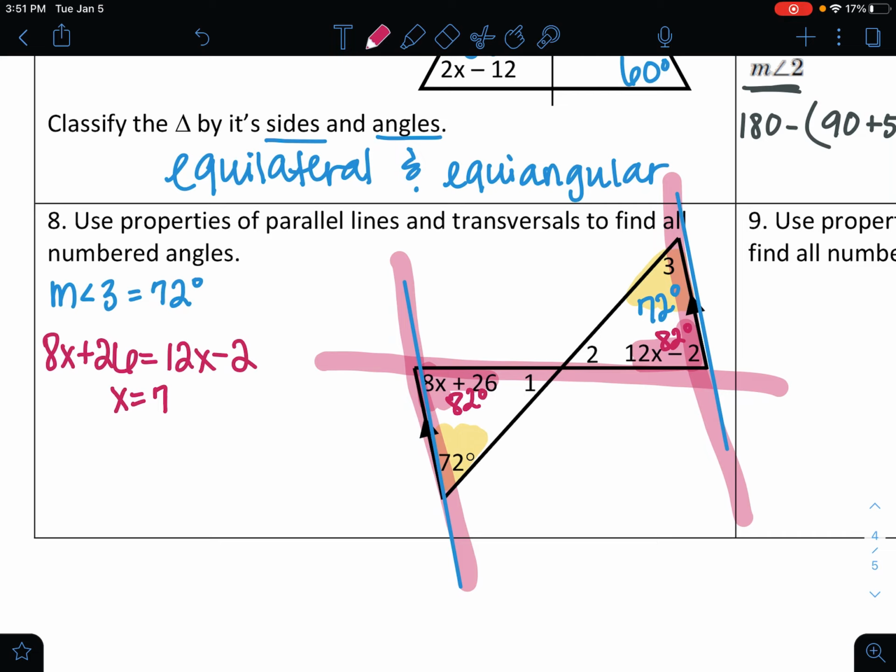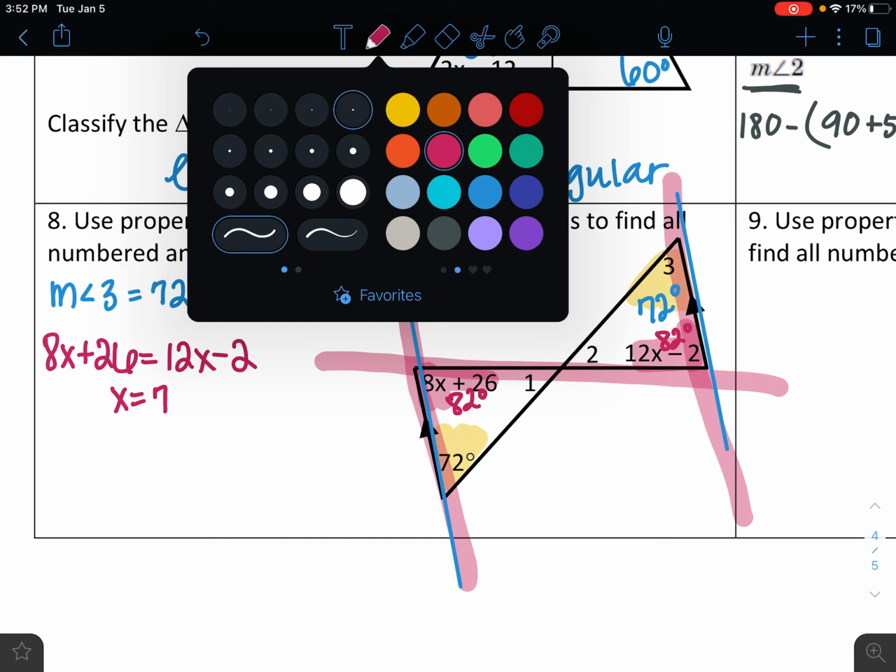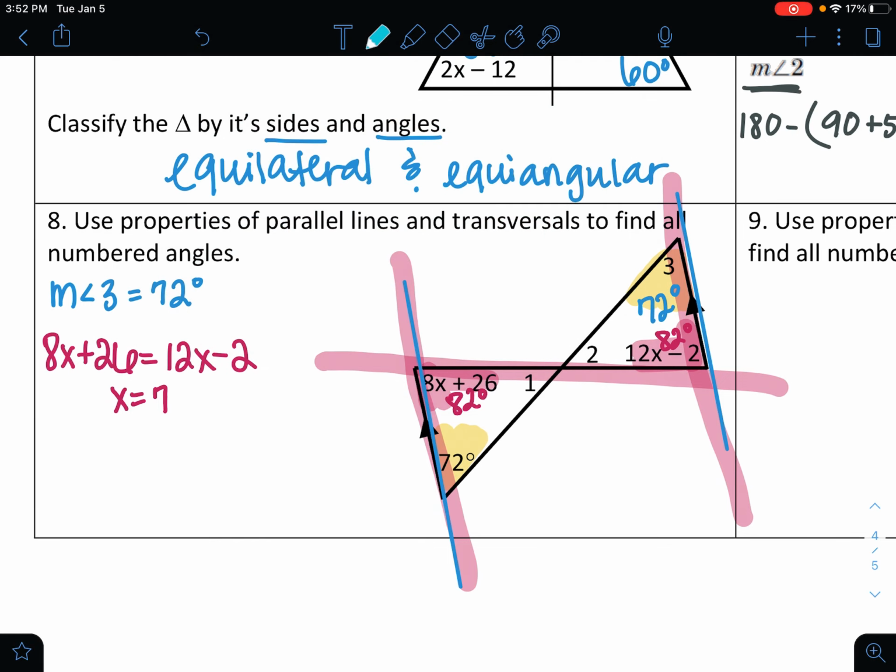Okay, so at this point you can use the triangle sum theorem, you can use exterior angle theorem if you really wanted to. I'm going to go ahead and add up the 72 and the 82 and take it away from 180 to figure out angle 2. So I'm trying to figure out angle 2, which will be the same as angle 1, of course. Okay, so let me use this gray color.